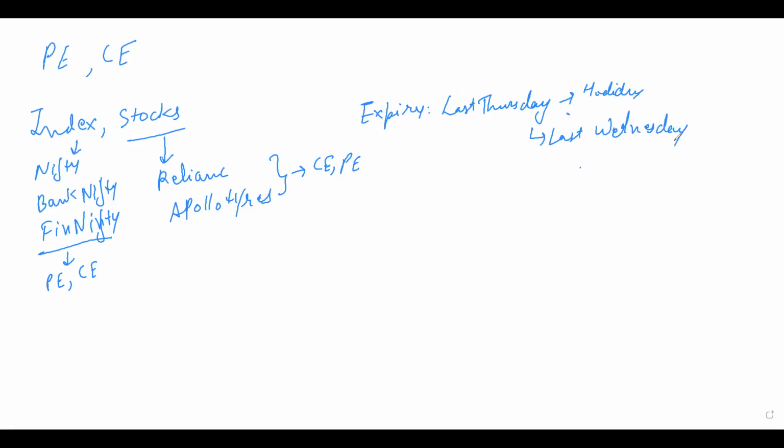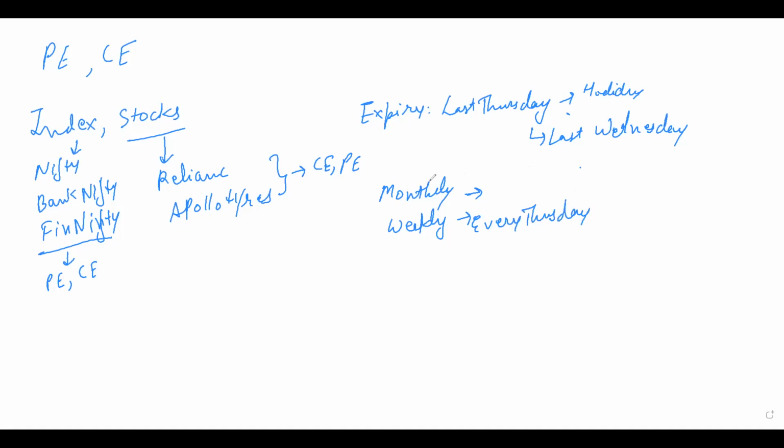Now there are two types of expiries again in the Indian market. One is a monthly expiry, as I said, the last Thursday of the month. Then there is a weekly expiry. Weekly expiry is every Thursday. But there is a catch here.